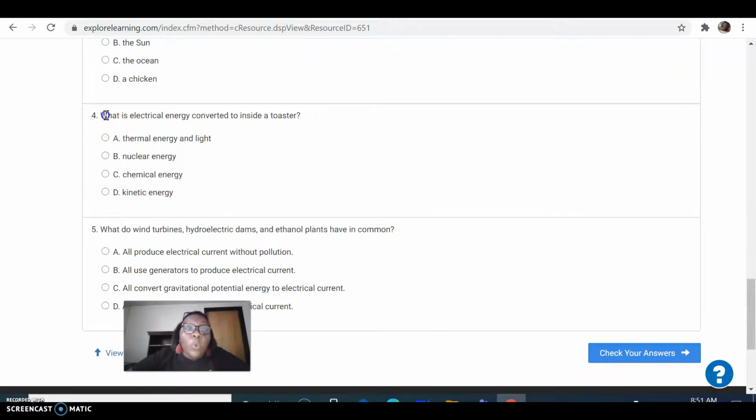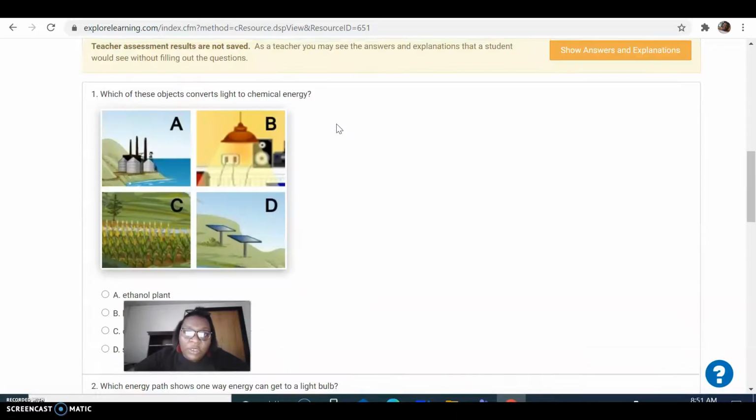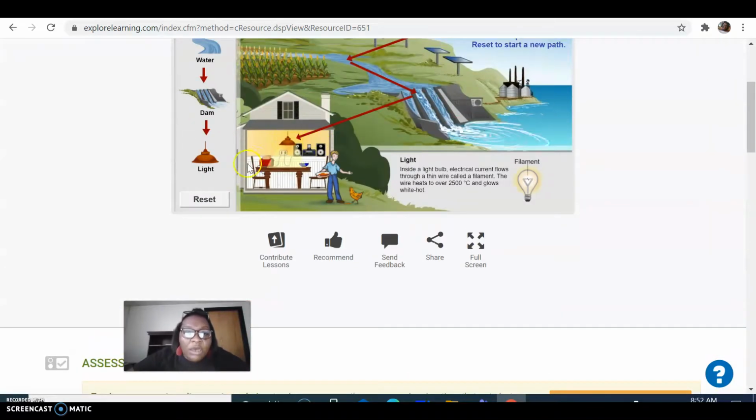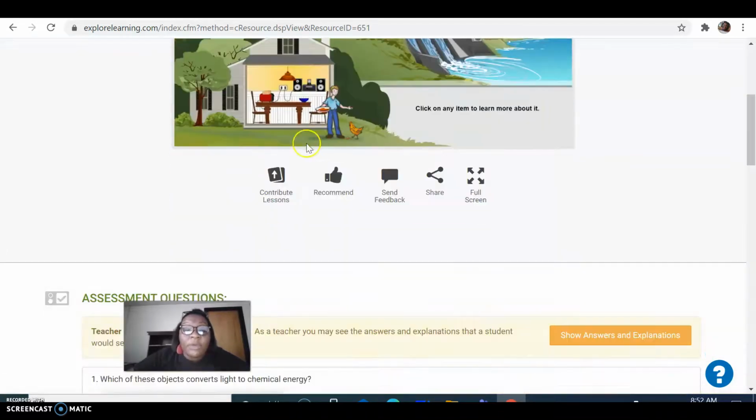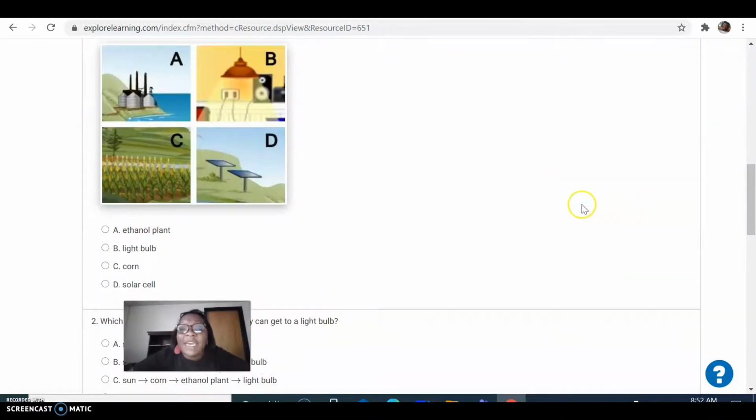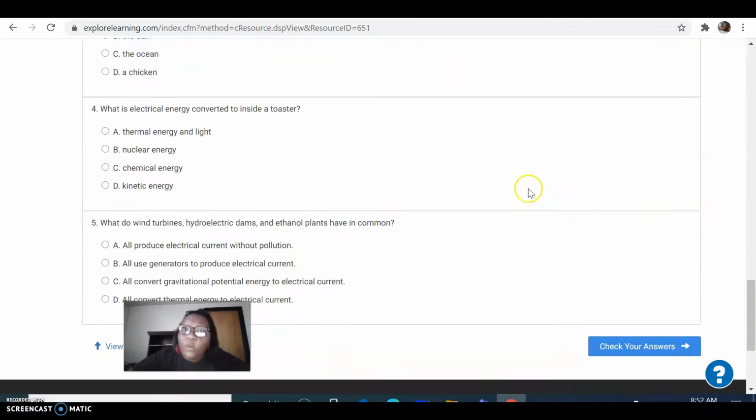Number 4, what is electrical energy converted to inside a toaster? So I may want to click on my toaster, click on information mode. I may want to click on my toaster and read about it, and possibly that could help me to get the answer to number 4.